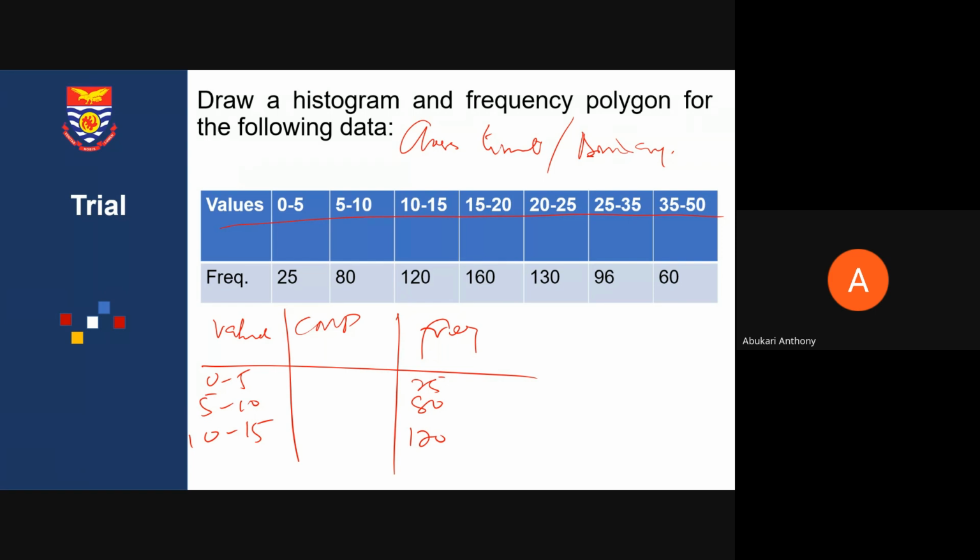They are class limits because the question has given us a limitation of the age group, from 0 to 5. Those who fell within 0 to 5 are 25, and those who fell from 5 to 10 are 80.